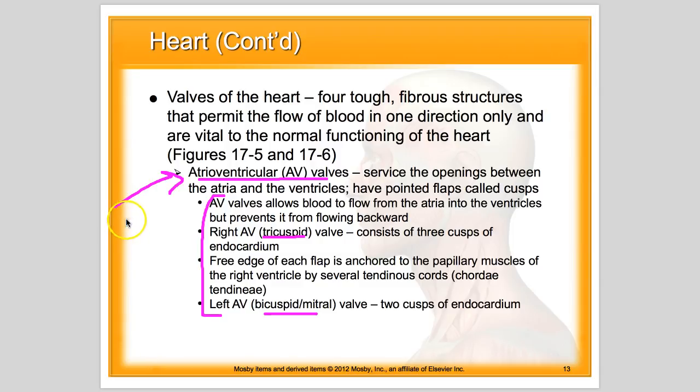Because where were they located? Remember in our drawing? The atria are up here, the ventricles are here. Where were those valves? Those valves were located here, right? Between the atria and the ventricles. That's why they're called AV valves.